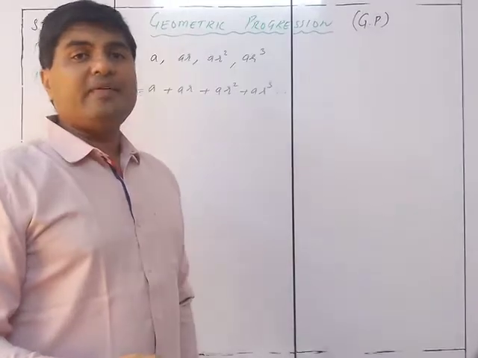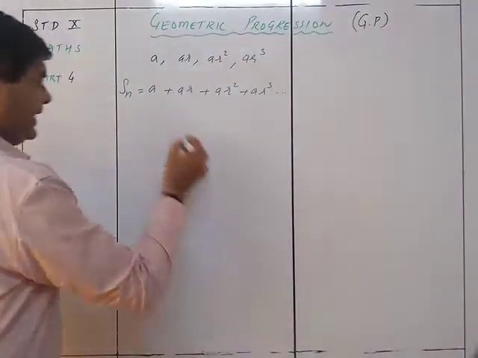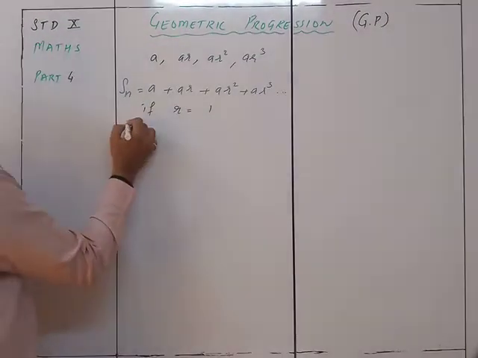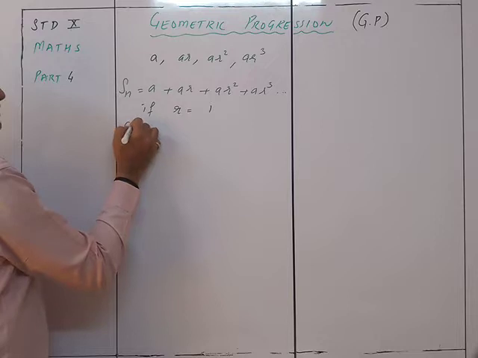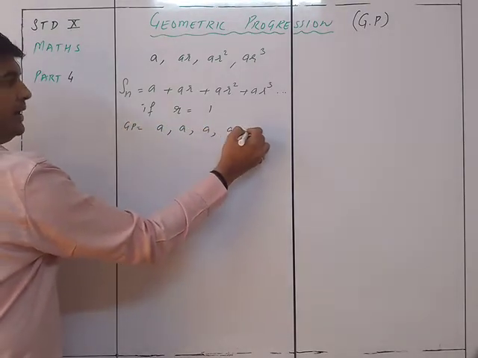Now, we will be having three conditions in this particular case. The first condition is that if R is equal to 1, then the GP will become A, A, A, A and so on.